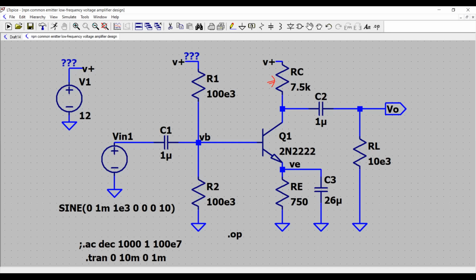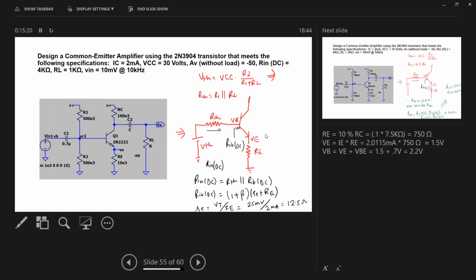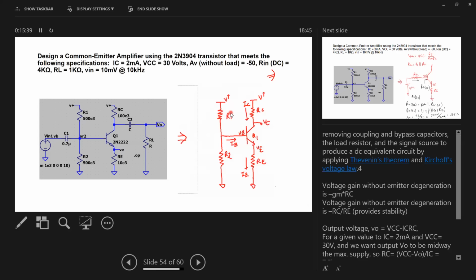Now I come back to the circuit here. I want to obtain the values of other components. I haven't shown the two resistors R1 and R2 here before.